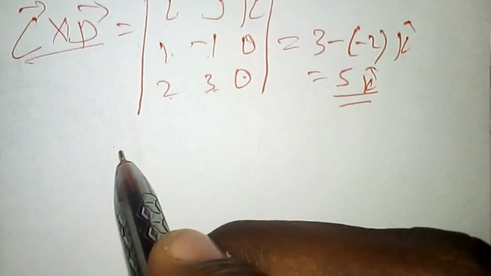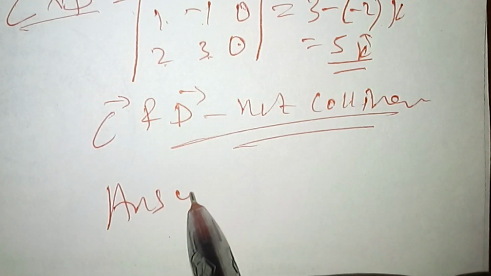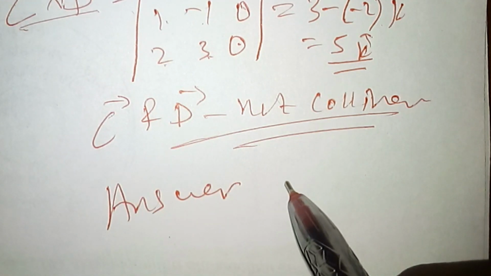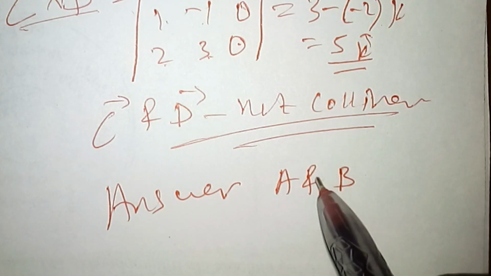It's different from 0. So vector C and vector D are also not collinear.